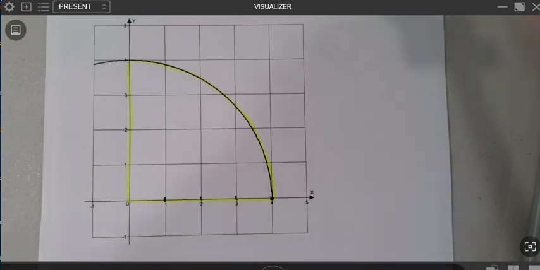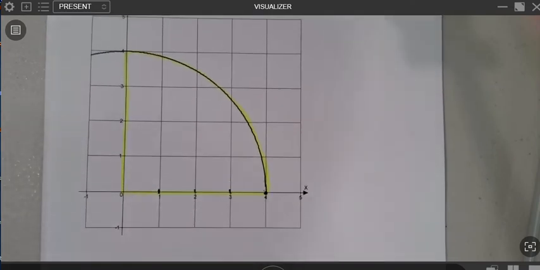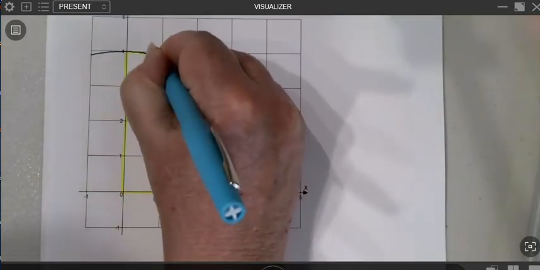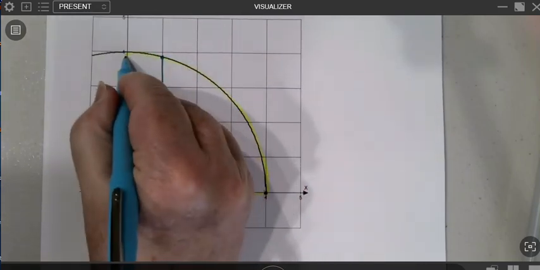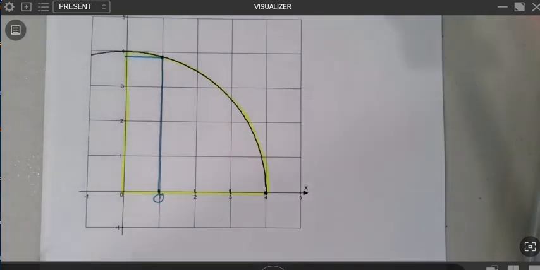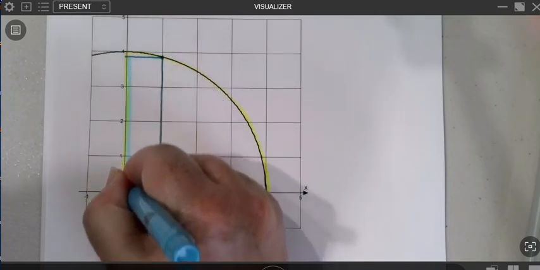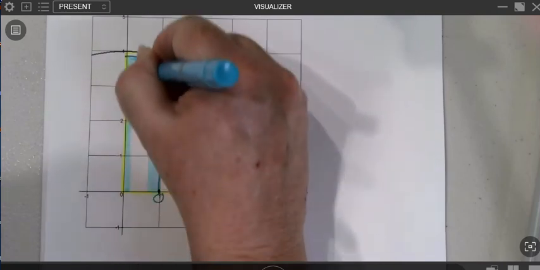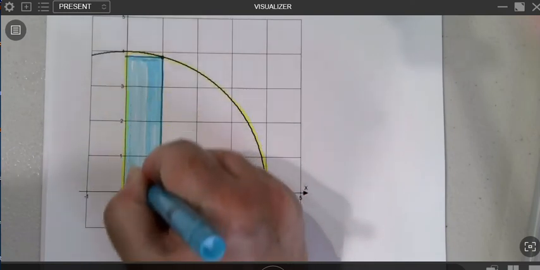And I'm going to run through this one. Something kind of interesting happens with the last rectangle, and I want to make sure you see it at least once here. So my first rectangle, this time over here at x equals 1, I'm going to use the right side of the rectangle to determine the height. And you'll notice that this time my rectangle remains underneath the actual graph of the circle. So instead of having extra area, I'm actually missing some of the area that I should have.